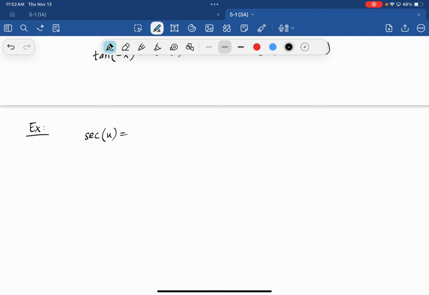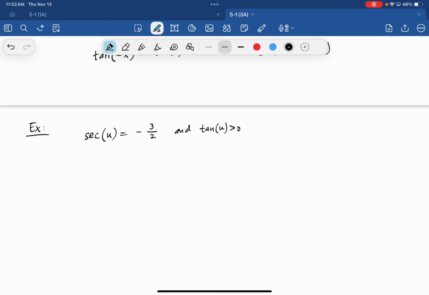Okay, let's say secant of u is -3/2. And we also know that tangent of u is less than 0. Sorry, greater than 0. The next question has us finding the values of all 6 trig functions based on these 2 facts.